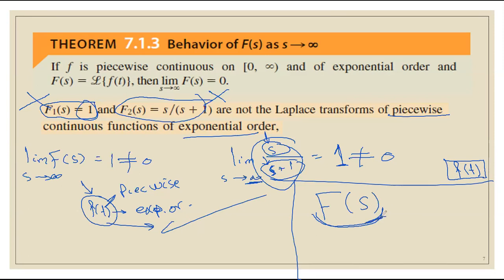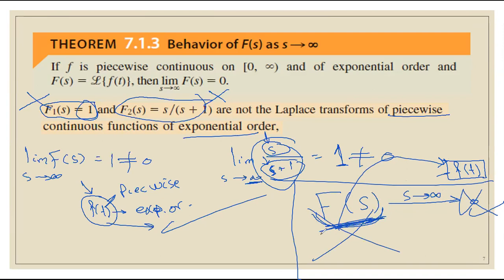You have to find the limit when s tends to infinity. If your answer is 0, yes, this function is the Laplace transform of a specific f of t. But if the limit isn't 0, then no, this function isn't the Laplace transform of any piecewise continuous function of exponential order. Did you get the idea, Mahmoud?